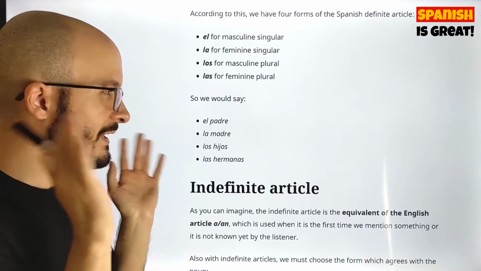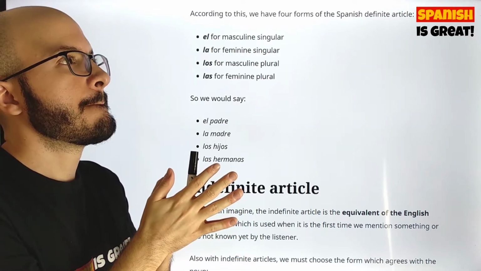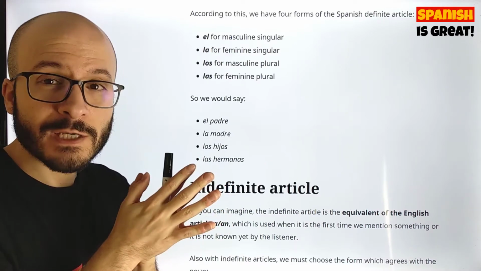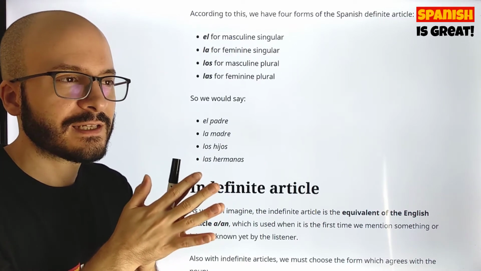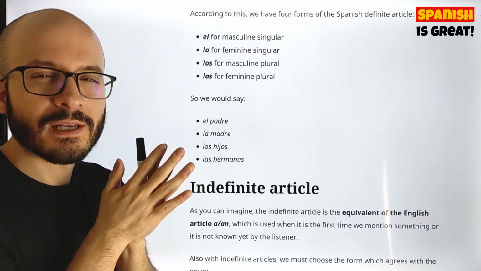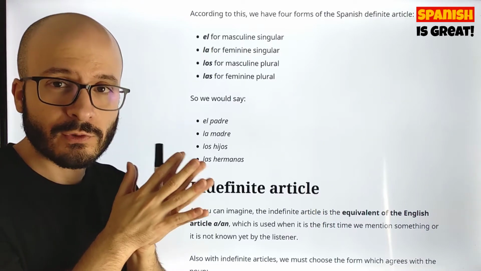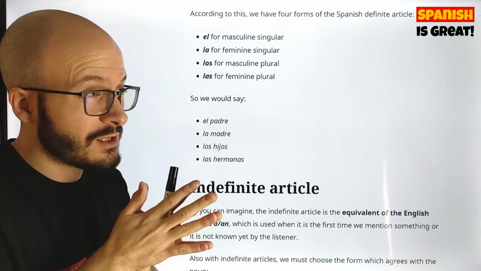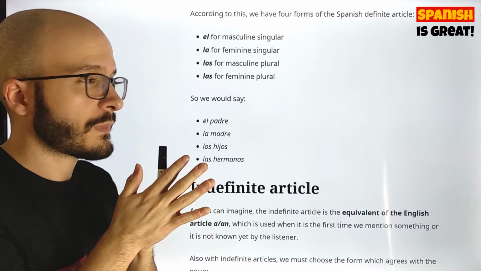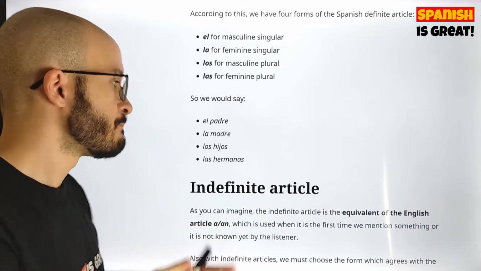And again, when we were studying gender, I was saying that I know this gender thing is a bit hard for English speakers because there is no grammatical gender in English, but there is in Spanish, so we have to get used to it.